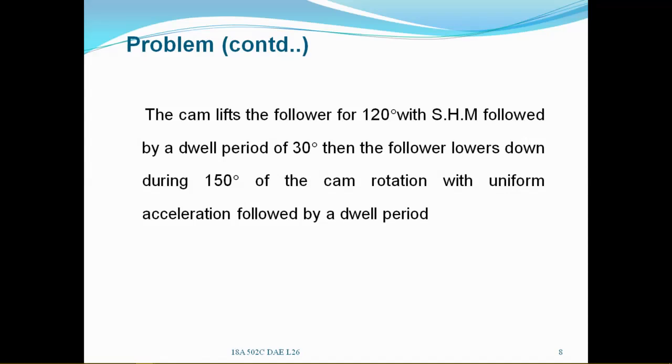So in this case there are two different motions. The outstroke is simple harmonic motion, whereas the return stroke or angle of descent is a different motion, that is uniform acceleration followed by the dwell period. Now, what will be the solution? Let us have this.